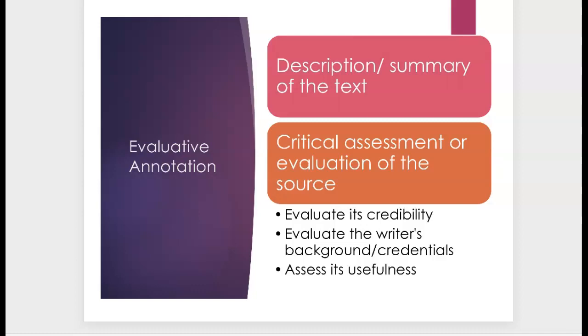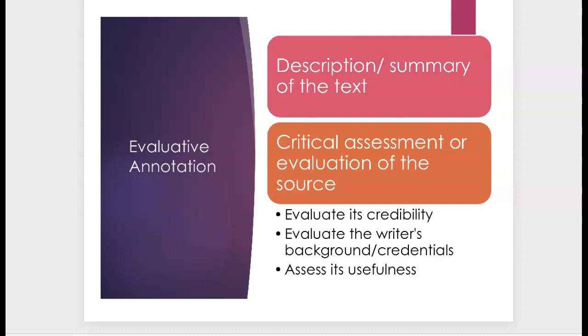They describe the source and they provide critical assessment where you discuss the source's credibility, the writer's background, the credentials, and you also consider the usefulness of that source to your purpose or your argument.